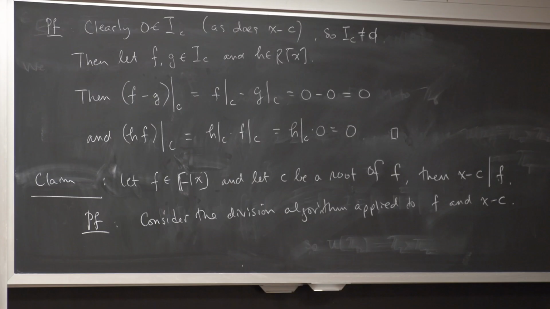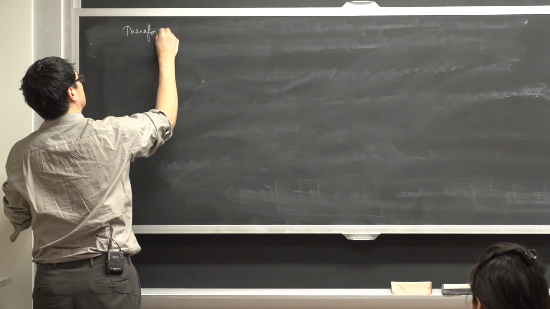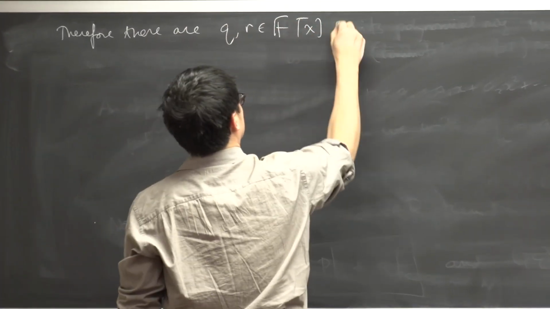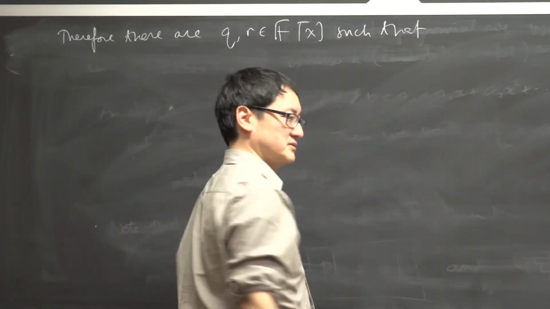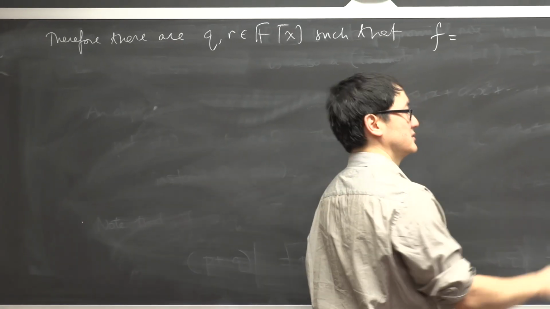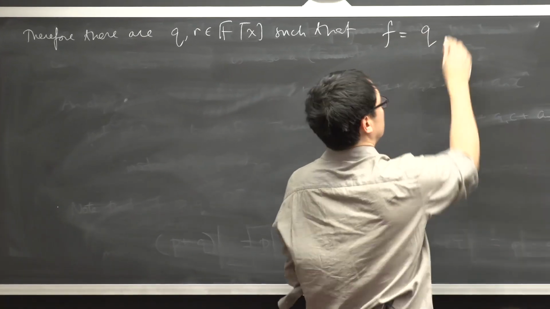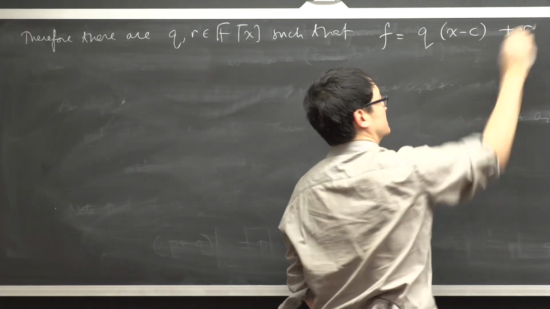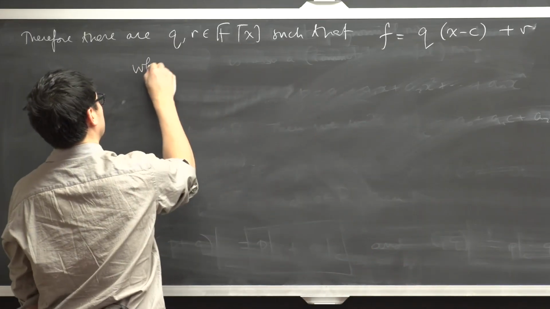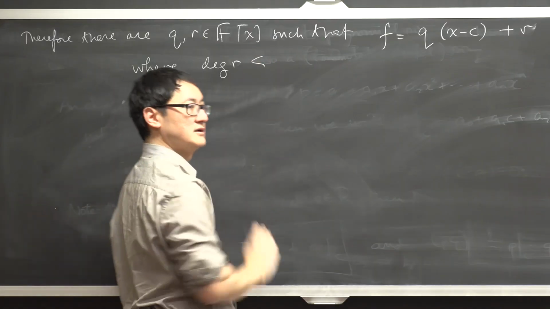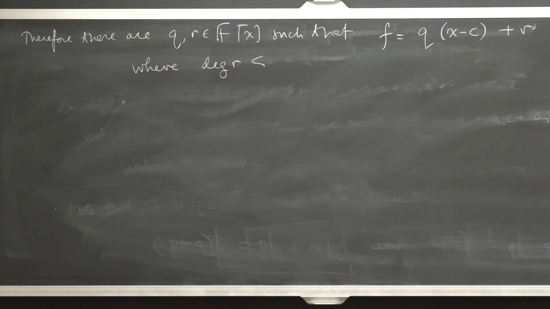So what does the division algorithm give us? There are polynomials q and r in F[X] such that, let's make F the bigger one, F equals q times (X minus C) plus r, where the degree of r is less than the degree of X minus C, which is 1.